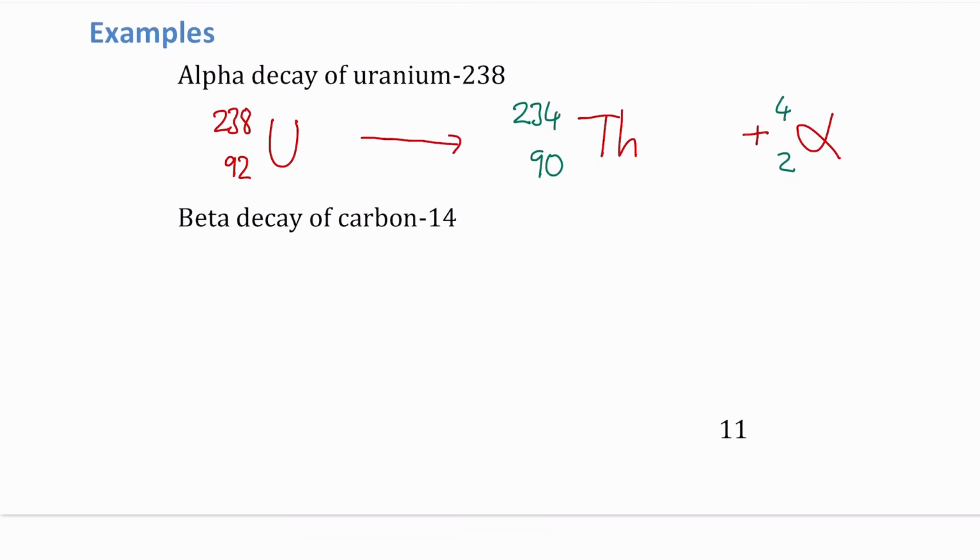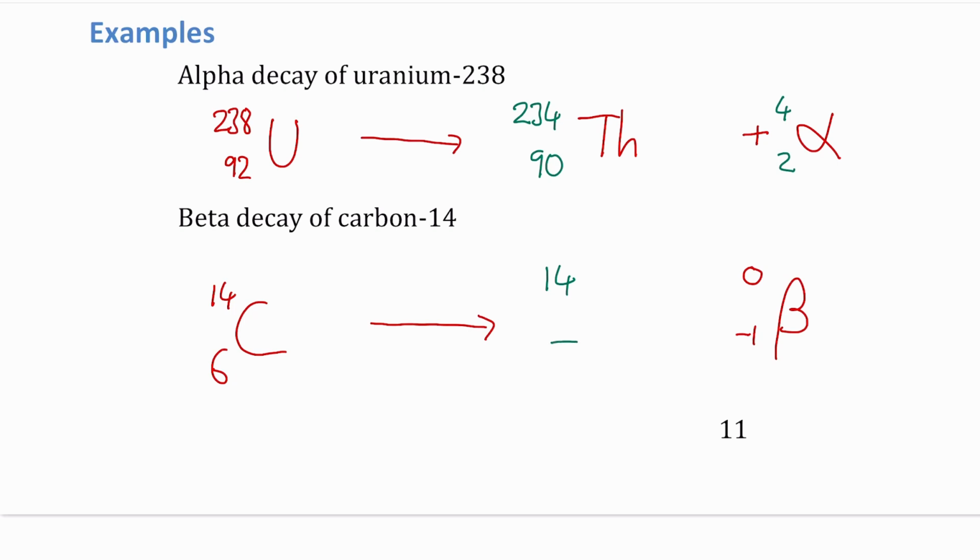Beta decay, we can do something very similar. This time we're going to use carbon-14, which has an atomic number of 6. And it decays by beta decay. We know beta is 0 and -1. 14 equals what plus 0. That's going to equal 14. And 6 equals what minus 1.